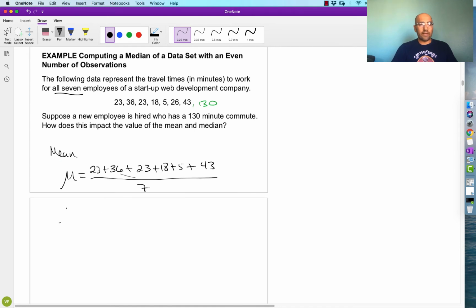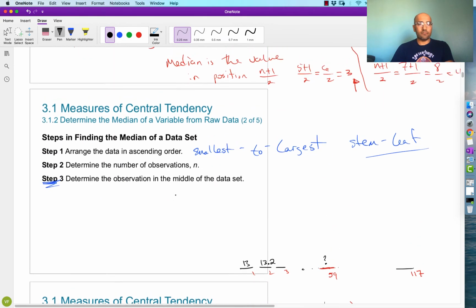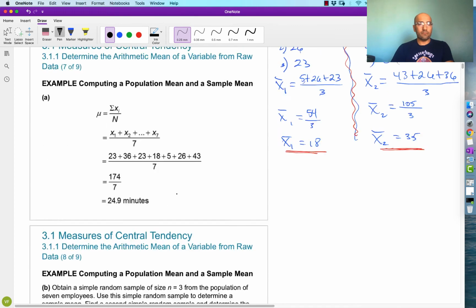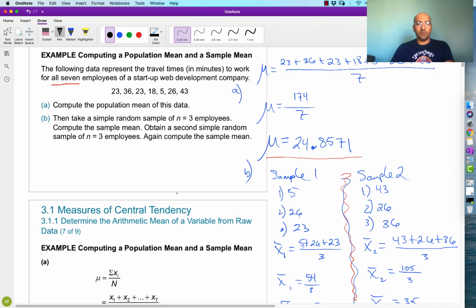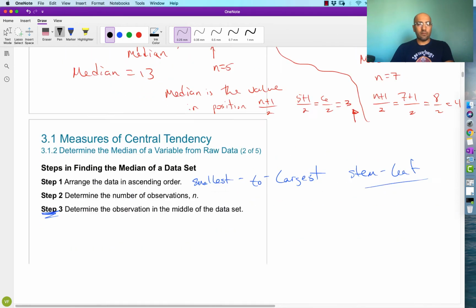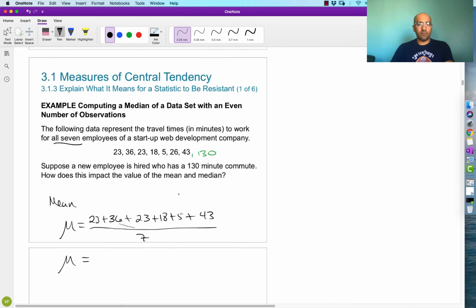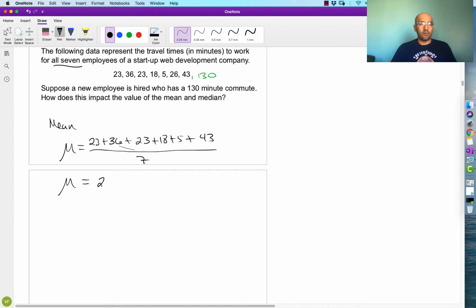So we'll get that mu was equal to, I think we had that up here somewhere. 24.8571. Okay, and then the median.